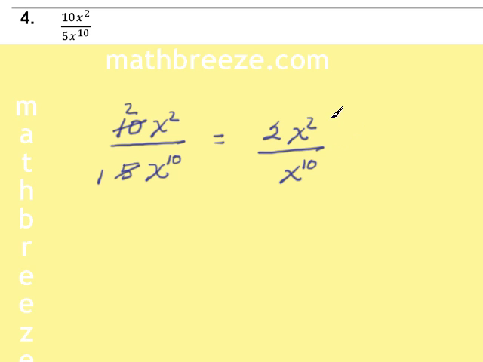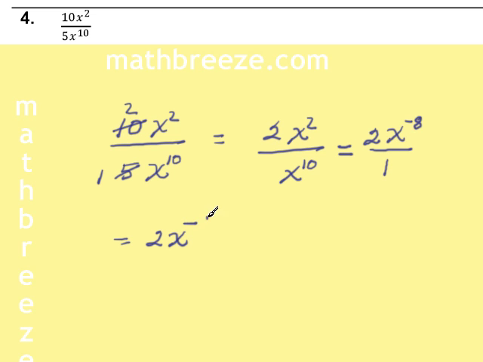And now, just like before, we're going to subtract exponents, even though now the exponent on top is smaller than the exponent on the bottom. But we'll still subtract those exponents. So we're going to be left with, well, we still have that 2 on top. 2 minus 10 is negative 8, x to the negative 8. And I could put a 1 in the denominator, but usually we'll just leave that out. So here's our solution. 2 times x to the minus 8.